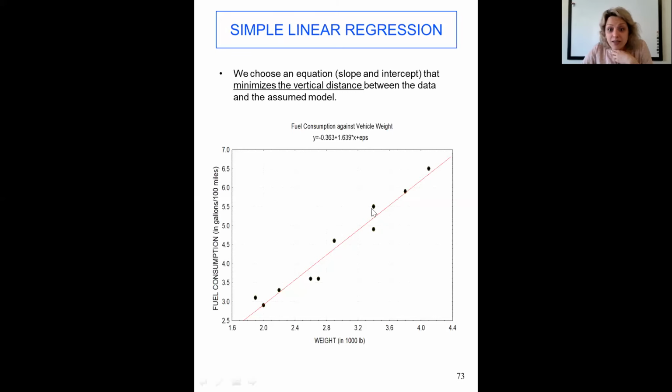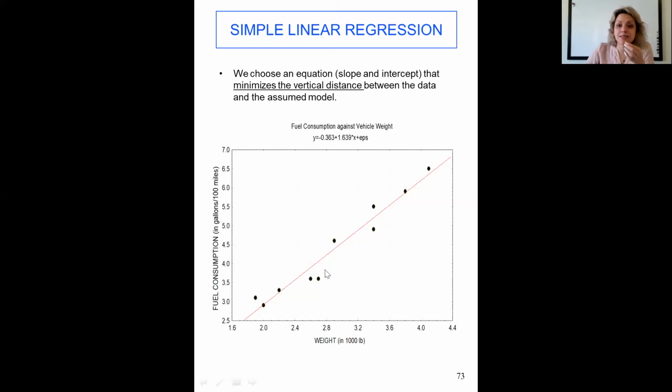But because this one is going to be positive, this one negative, this one positive, this one negative, what we do is square all of these distances and then add them together. We call this the least squares method, and these vertical lines that I said, we call them residuals.